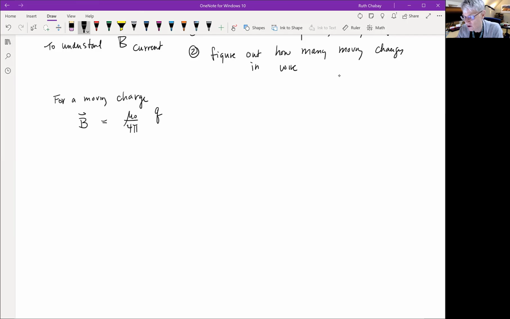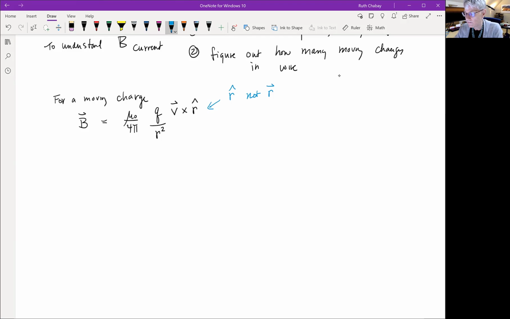It depends on the charge of the particle. It falls off like distance squared, but the perpendicularness of this is captured by the following expression. It's the cross product of the velocity times r hat. And note that this is r hat, not r. It's not the vector r, it's r hat, the unit vector in the direction of r.